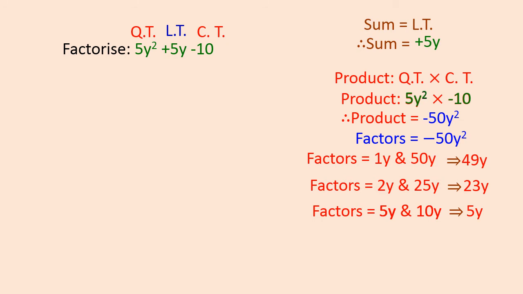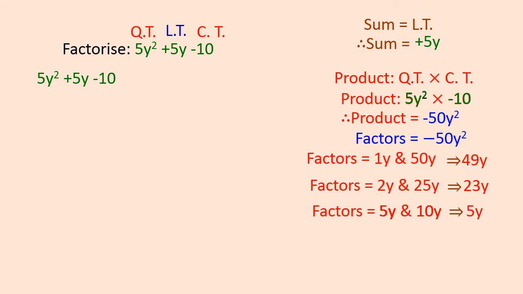Then we can go for factorization of polynomial. So there we have 5y square plus 5y minus 10. As you can see, we can take 5 common and then factorize. But we will keep it as it is and factorize and see what happens. We are following the same method what we have done in the previous video.